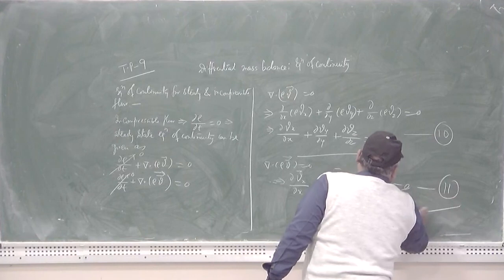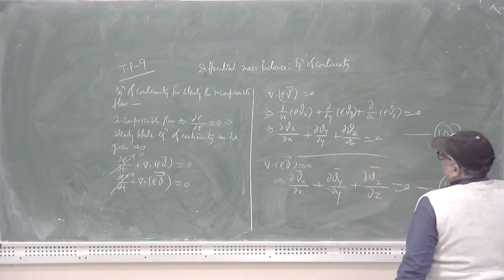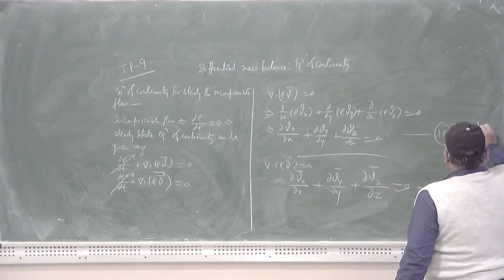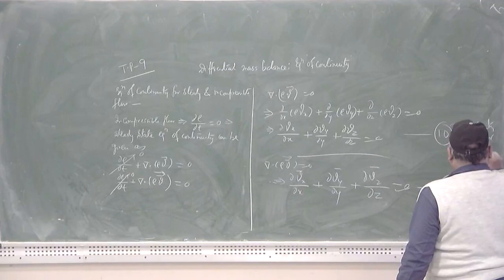So, equations number 10 and 11 are the continuity equations for incompressible flow.